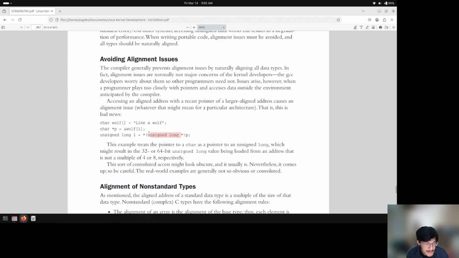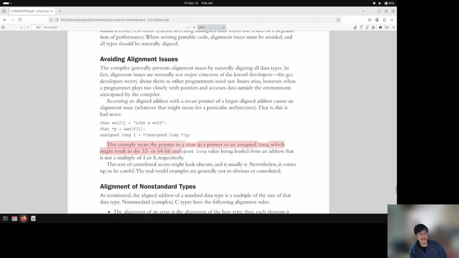Like a long pointer, depending on whatever architecture, it could be a 32-bit number or 64-bit. Well, actually long, yeah, because long would be 64 and 32-bit. Anyway, so that becomes a 32-bit or 64-bit pointer, and then you dereference, and that could mean bad news. Okay, because then you mess up the alignment.